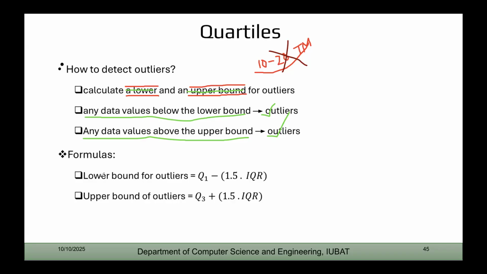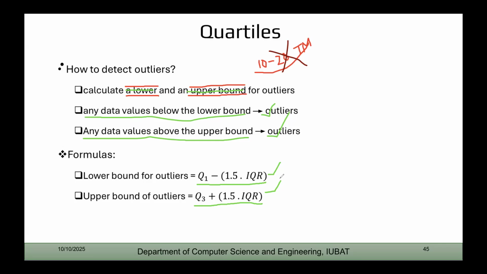Here is the formula for the lower bound for outliers, and for the upper bound, this is the formula. You see Q1 minus 1.5 times IQR, and Q3 plus 1.5 times IQR. Let's try to understand what it actually means.